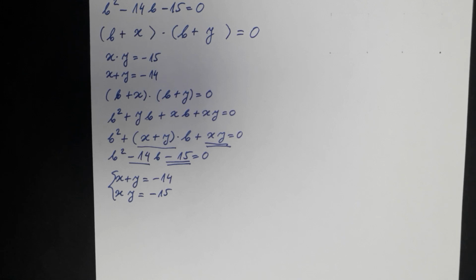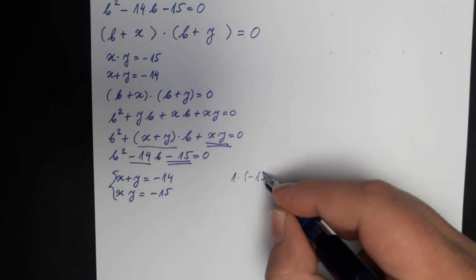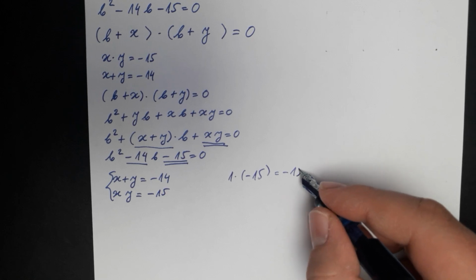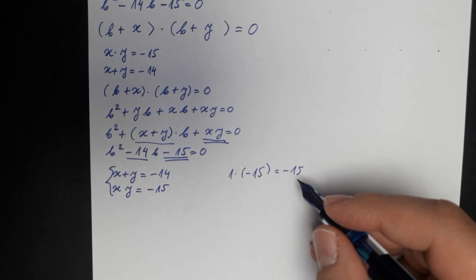Otherwise, it is impossible to get the negative result here. For example, this would work to take 1 multiplied by negative 15. As you can see, the result here is negative 15. However, that is not the only possible pair of numbers that would work.